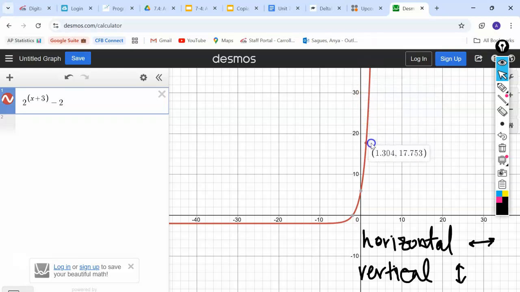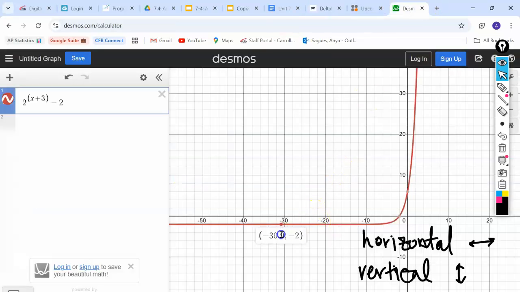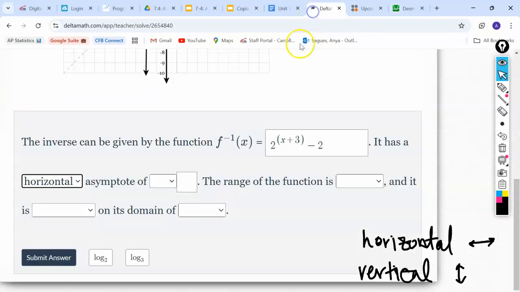So if I'm looking at this graph, I see that it does go flat. I see that one of these numbers stops, and it is stopping side to side. So in this case, I know that whatever the asymptote is, it is horizontal because it's going side to side. That's where it's going flat. So click horizontal asymptote. And now I see the number where it stops. It's a y value. Remember, because the second number in our point is the y value. And that value is -2. So here I would put y equals -2.